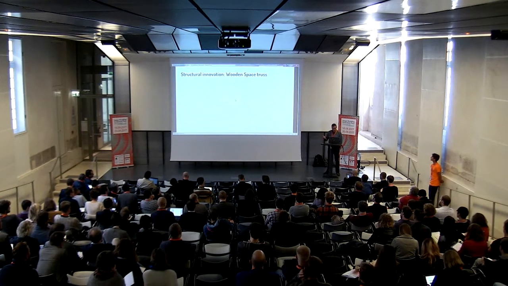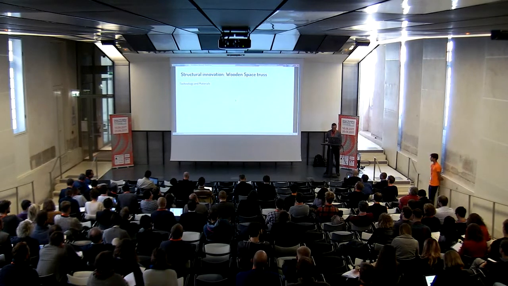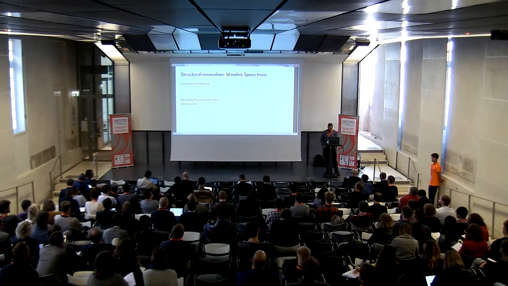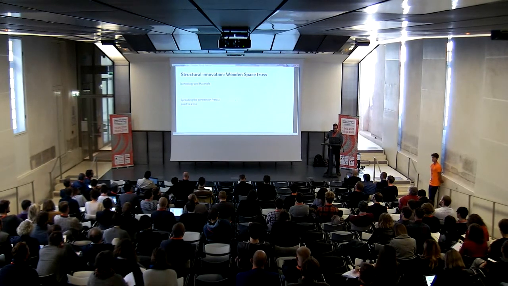Sometimes in a space wooden truss, you have more steel in terms of weight than wood. So we were looking at the technology and materials, and the question was, how can we spread the connection from a point to a line? When you see the latest development in wood technology, it's mainly CLT systems that more or less take this way of thinking.